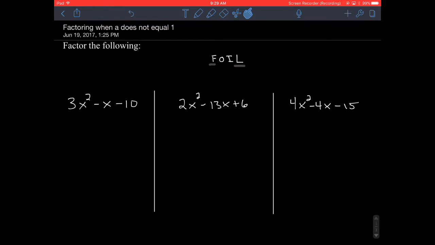Well, it means that we're going to be looking for two terms that multiply together to give me my first term, and two terms that multiply together to give me my last term. Very simple, right? Now, the tricky part, and honestly the most annoying part, is in finding the combination of factors that will combine together to produce my middle term if I were to FOIL out my answer. Let's see what that looks like in action.